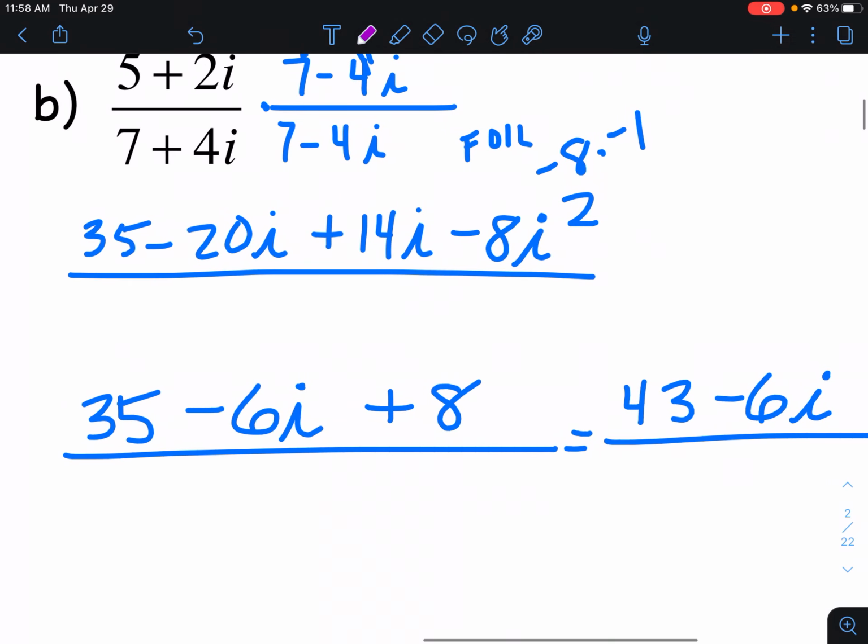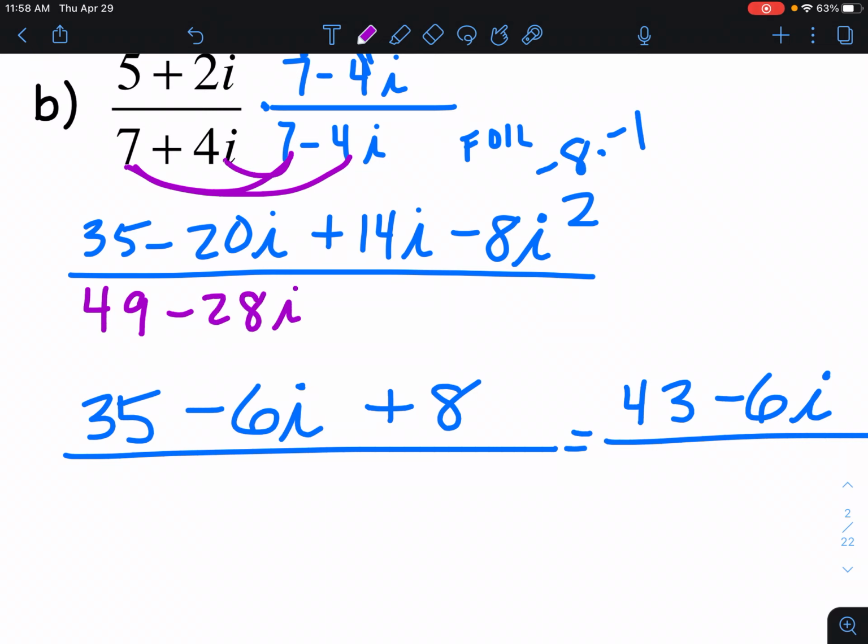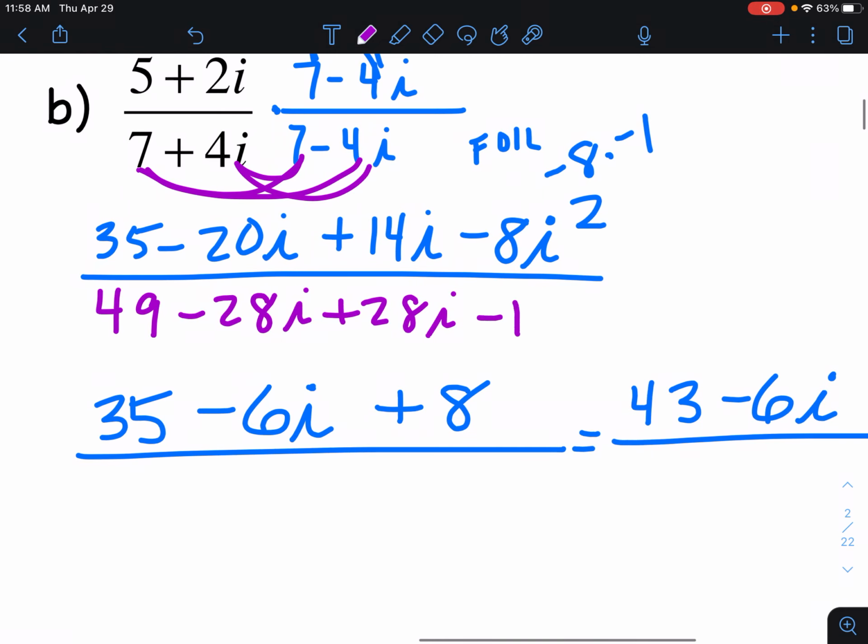Okay, so now we're going to FOIL the denominator. First, outside, inside, and last. So bring down the 49. These two guys add up to 0, so they'll cancel as expected.